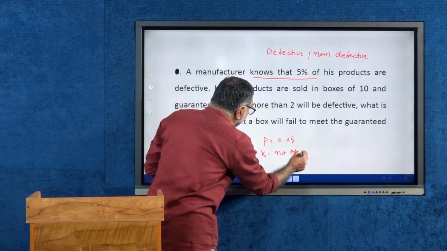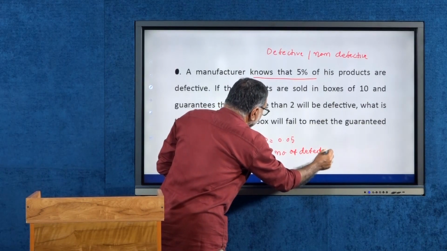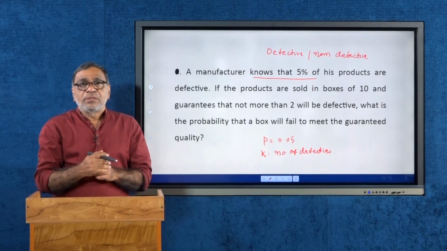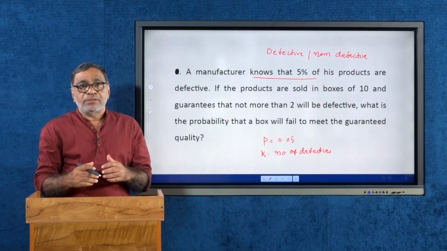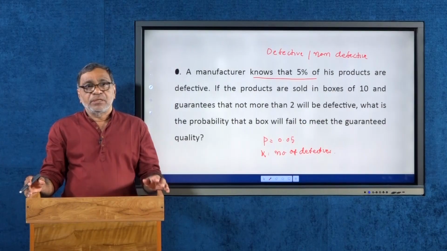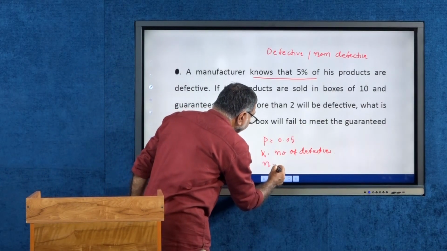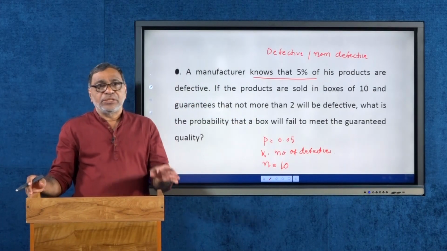The manufacturer sells the products in boxes of 10, so n is equal to 10 here.